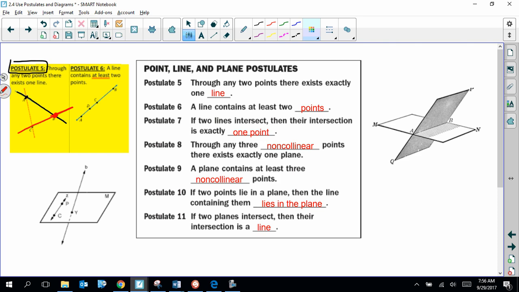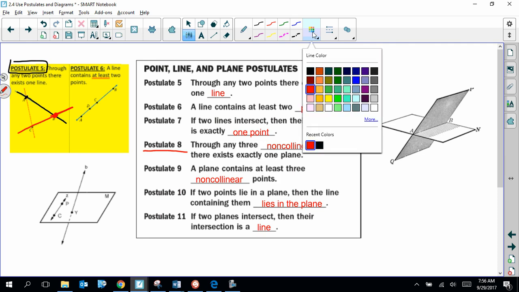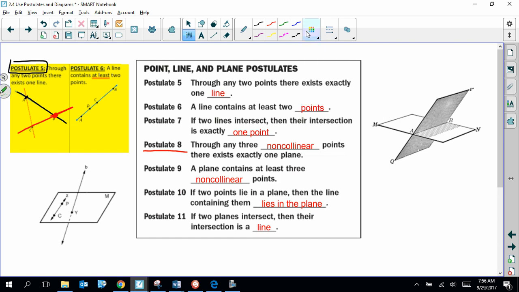Postulate number 8 is a very popular question that I like to ask, making sure you understand that any 3 noncollinear points give me 1 plane. In the diagram here for postulate 5, I have 3 noncollinear points, so they do create a plane, whether we look at it as a plane or not.